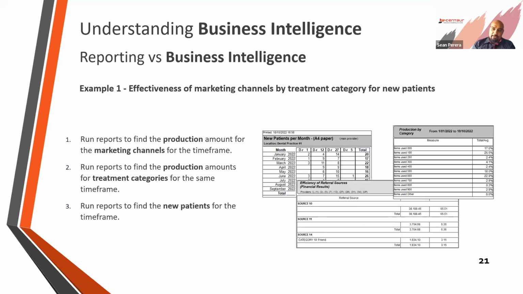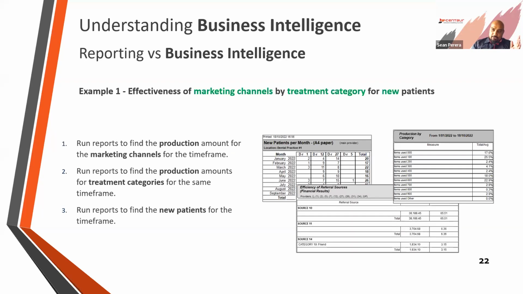So Linda, I'm now going to give an example of reporting versus business intelligence again. Imagine you would like to find out the effectiveness of marketing channels by treatment category for new patients. Here we are asking three questions.